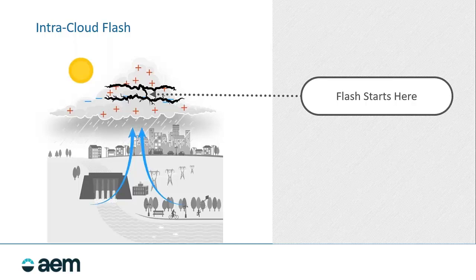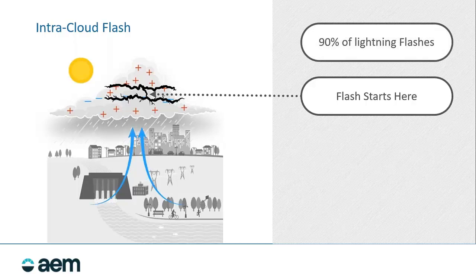You get a full picture of where there's lightning and also if a storm is beginning to intensify. So take a look at this schematic here. You see the flash starting in the mid part of the cloud. You see that negative area where there's a lot of ice and charge separation. So it's an area of negative charge, and maybe it attracts a positive charge there. About 90% of lightning is intra-cloud, as I said.